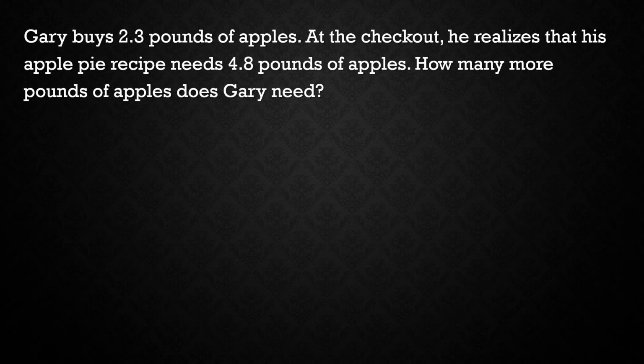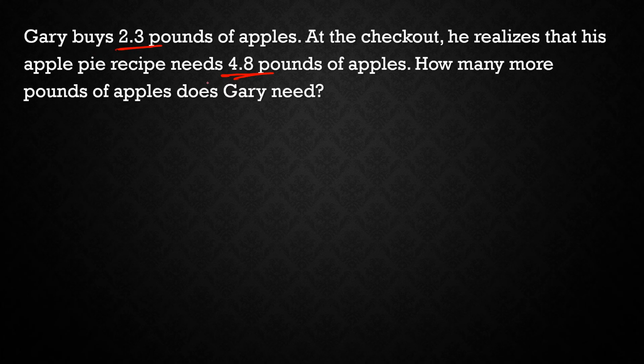Next one, it says that Gary buys 2.3 pounds of apples at the checkout, and he realizes that his apple pie recipe needs 4.8 pounds of apples. How many more apples does Gary need to buy? So his recipe needs 4.8 and he has 2.3.